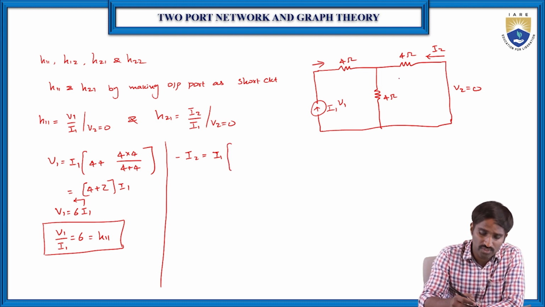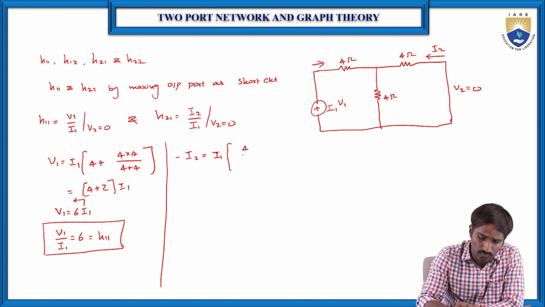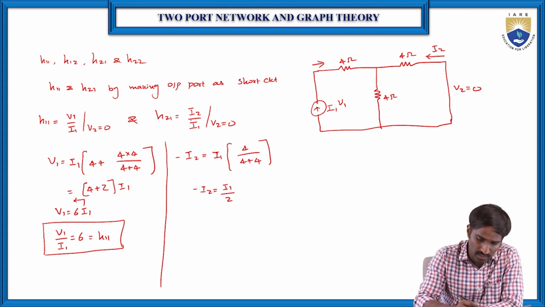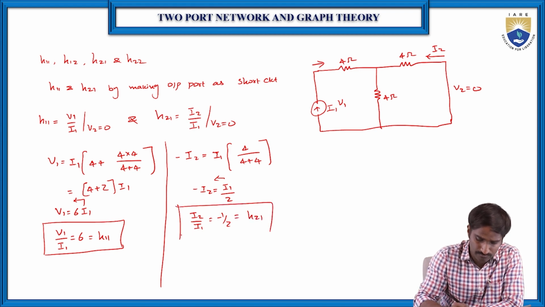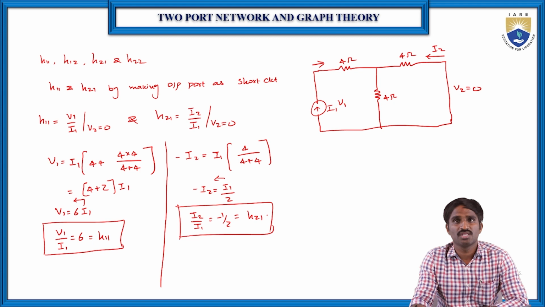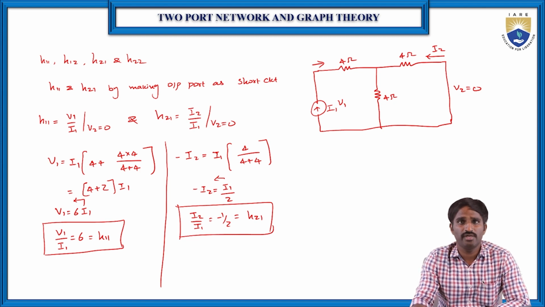Both the resistors have the same value, so 4 by 4 plus 4. Then minus I2 is equal to I1 by 2. Then I2 by I1 is equal to minus 1 by 2, which is equal to H21. So this is a way we can find H11 and H21, very simple.